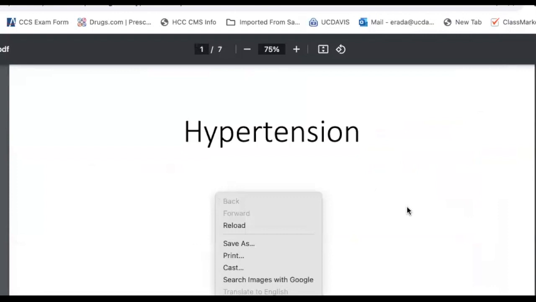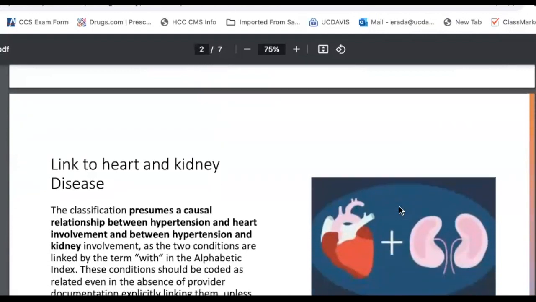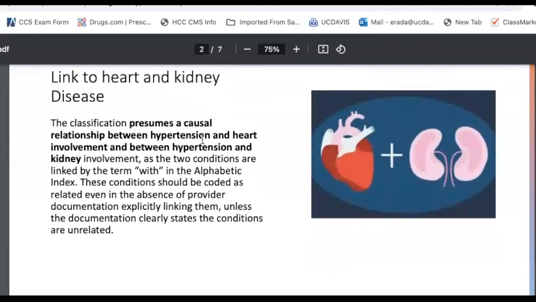Okay, so the guideline that I just read to you guys is actually here, linked to heart and kidney disease. Again, let me repeat this. The classification presumes a causal relationship between hypertension and heart involvement and between hypertension and kidney involvement, as the two conditions are linked by the term "with" within the alphabetic index.